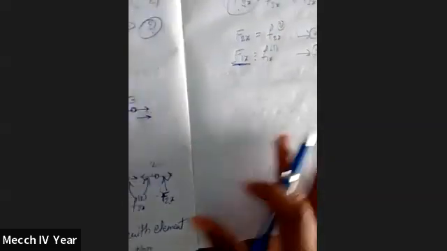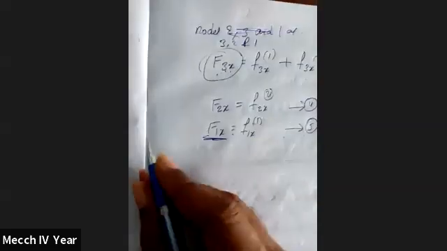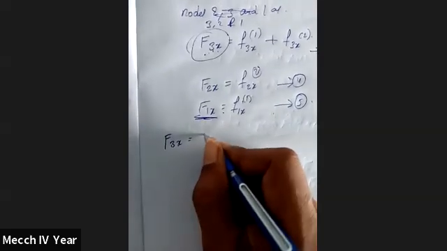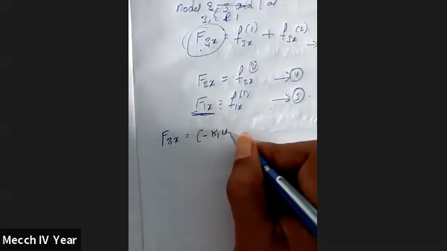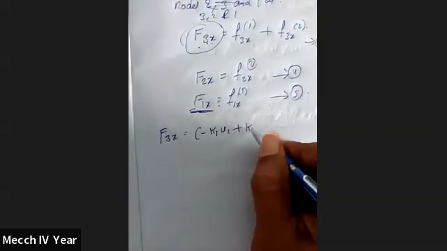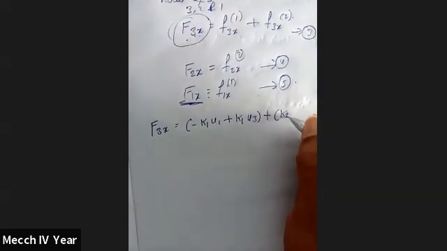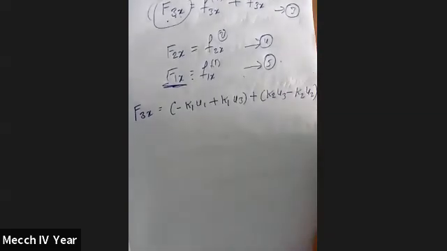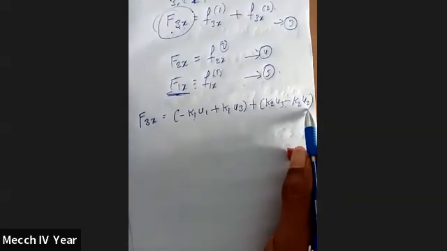With the help of Newton's third law, F3x is equal to minus K1 U1 plus K1 U3 plus K2 U3 minus K2 U2.